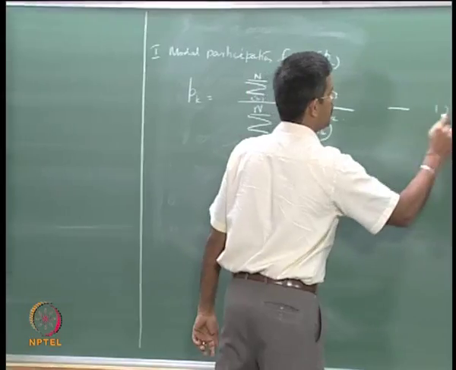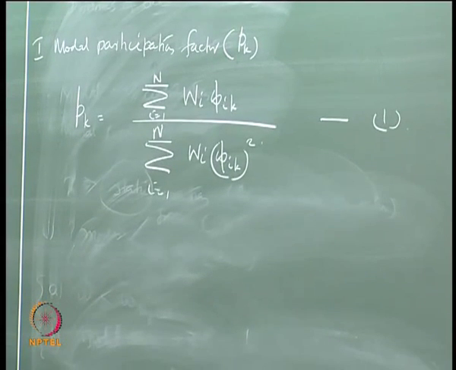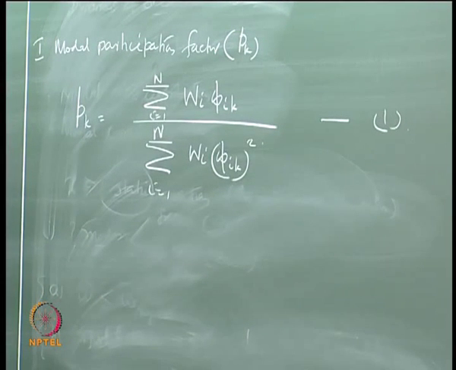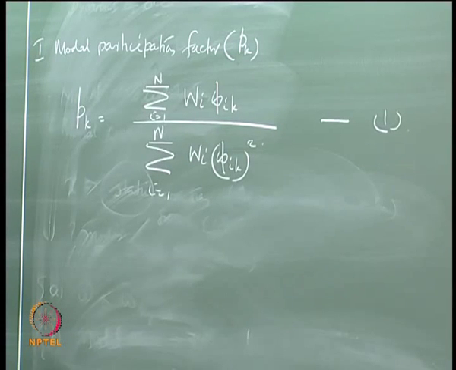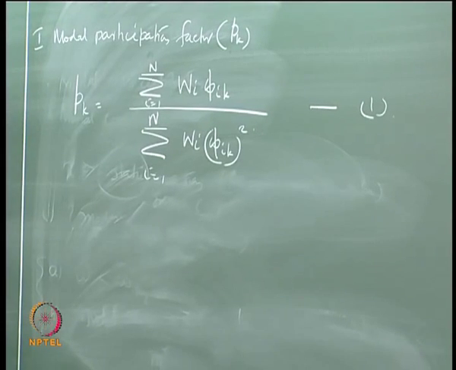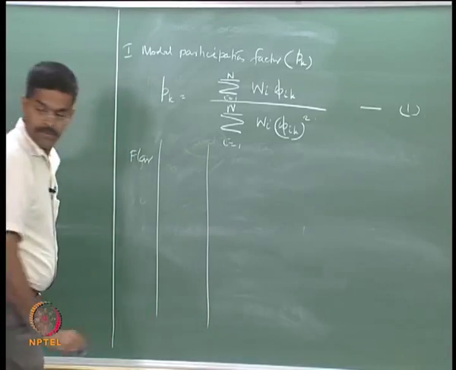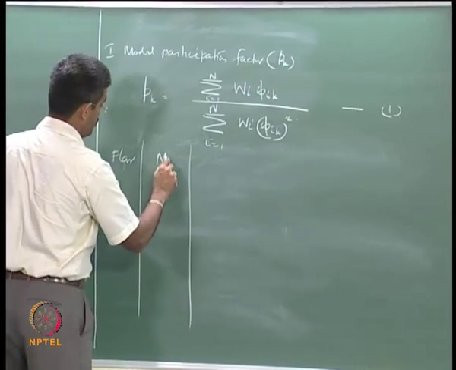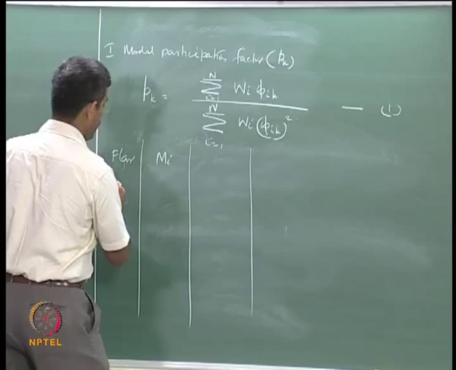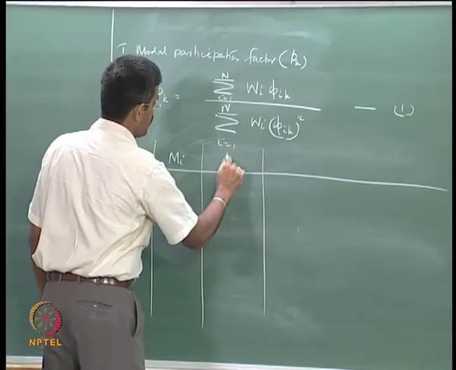Call this equation number 1. I can do this using a tabular column. Let us say this is floor, this is Mi, phi i1.